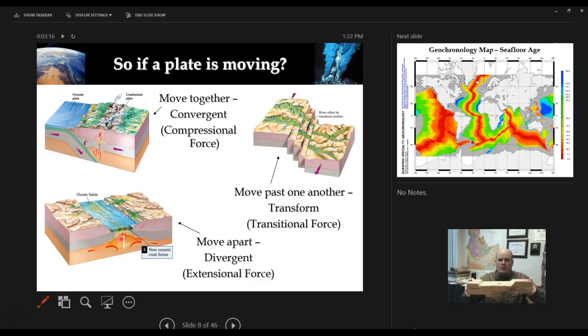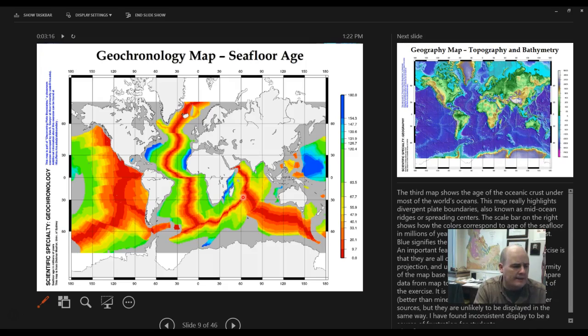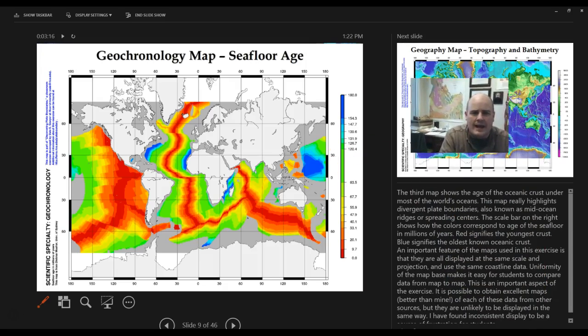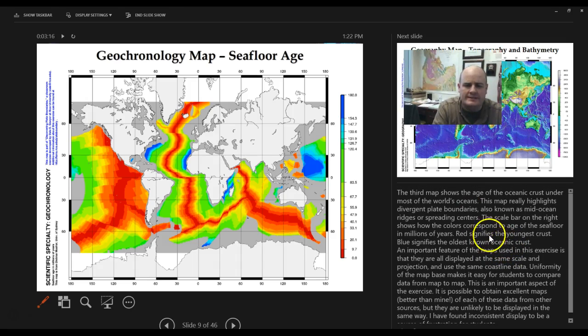If I pull out, it's extending. And if I have them go side to side, it's this translational movement. We'll come back to those later to give you a better understanding. There's lots of evidence, lots of things to look at to help us understand the clues to whether this is working or not.